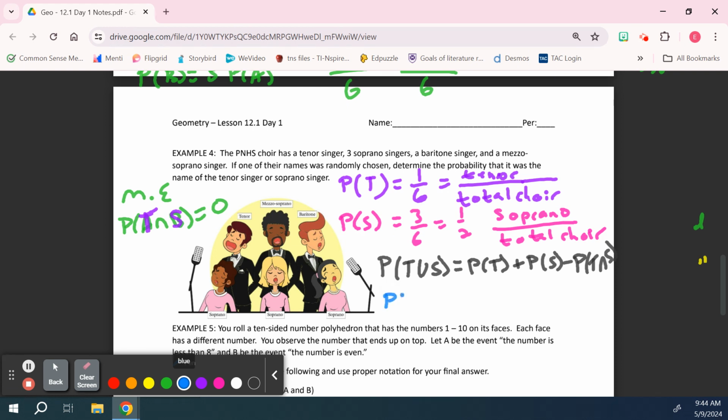So this leaves us with 1/6 plus 1/2. That's 0, so we don't need to worry about that. That should give us 4/6, which is 2/3 reduced.